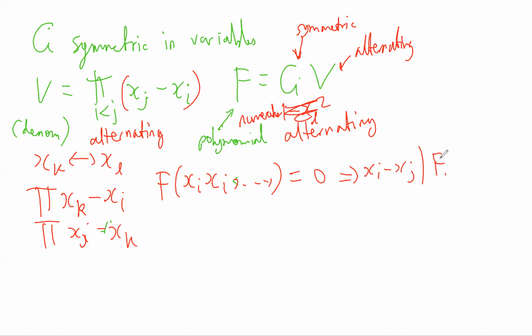But if we conclude that it's zero only from the fact that it's alternating, then it's saying every alternating polynomial has a factor of xi minus xj.